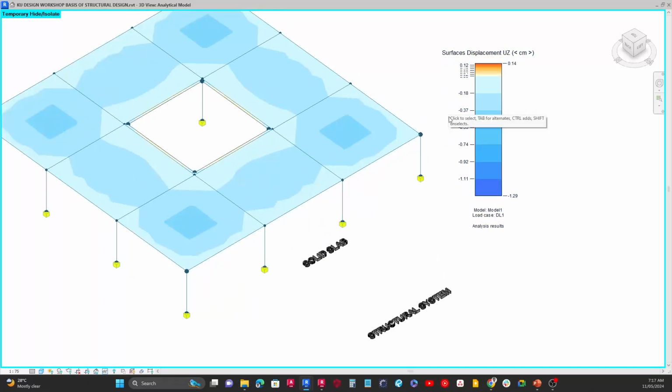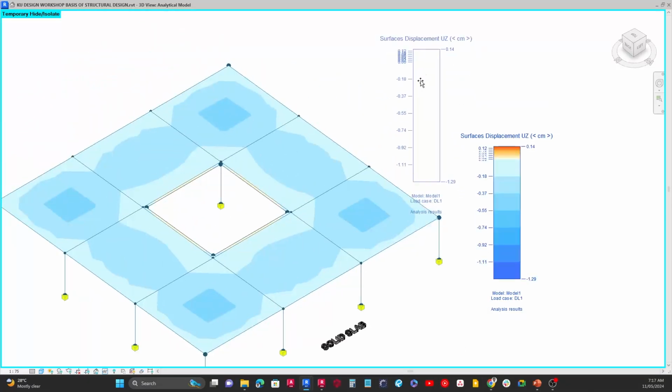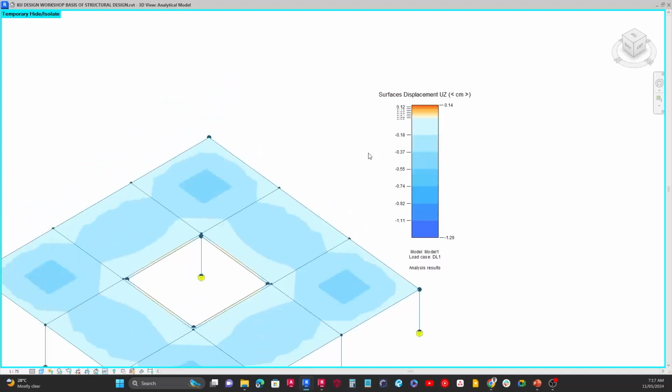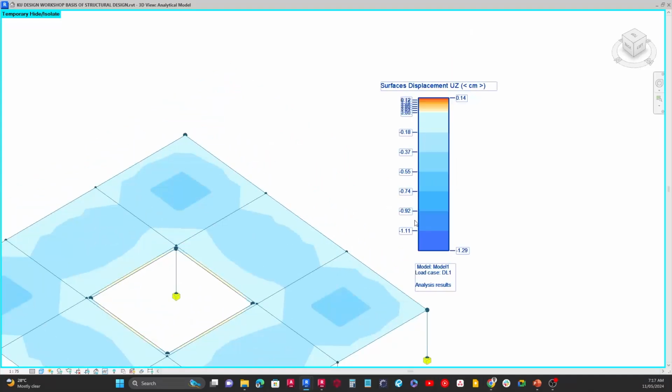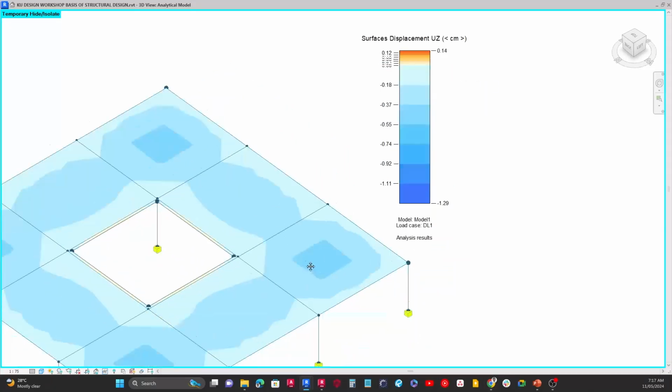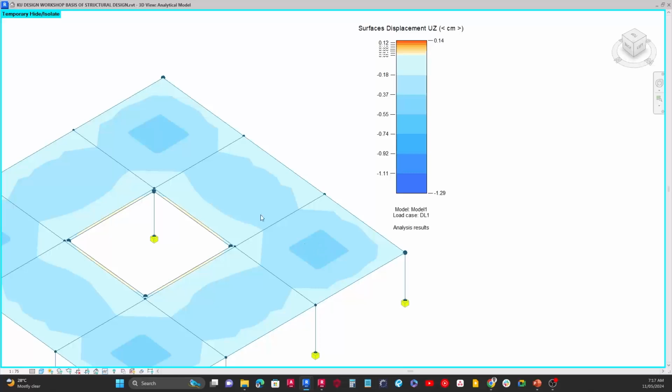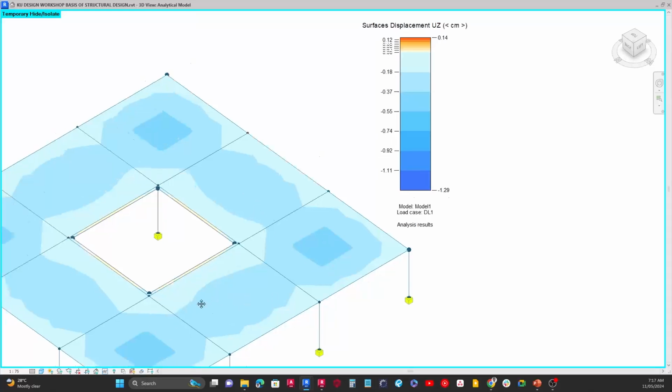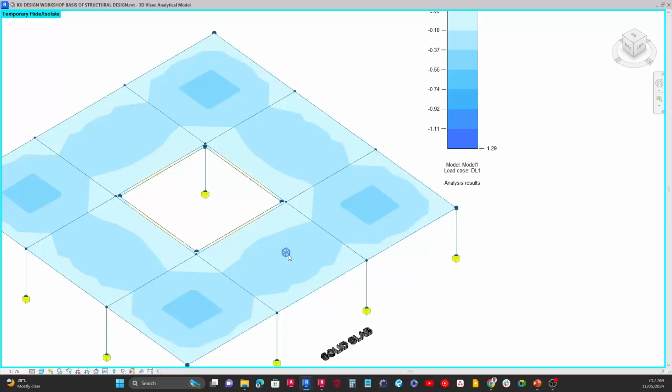So we can see here that the displacement on the slab, although I didn't actually load the structure so much, is quite small, but you can see it over here, right? Towards the centers of the slab we have higher displacements, and at the edges we don't really have so much displacement.